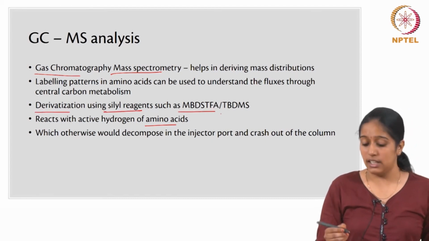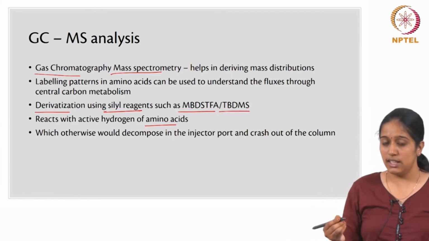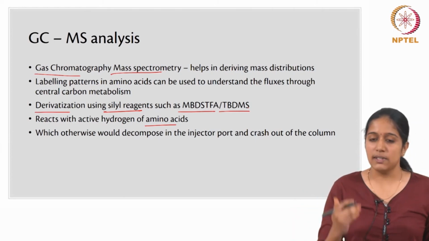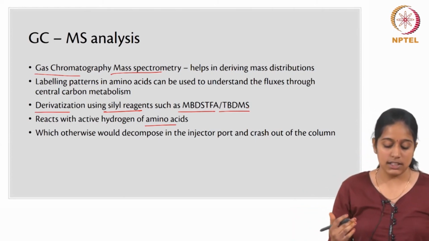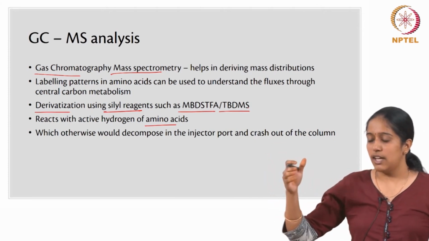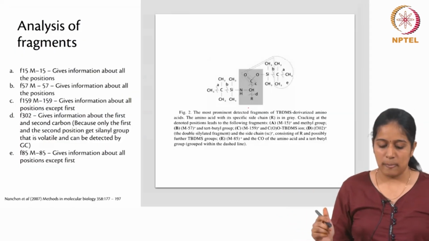This is again a silyl reagent, or TBDMS, and using these we get a derivatized form of the amino acid, which when subjected to GCMS analysis would give you different fragments, and using these fragments you try to identify the labeling patterns.